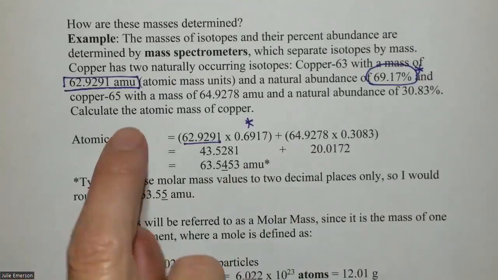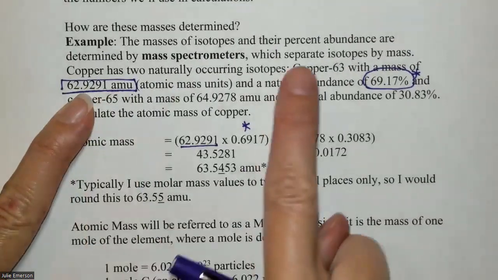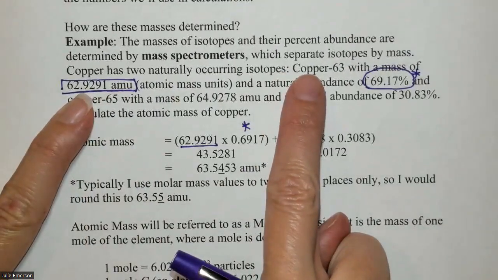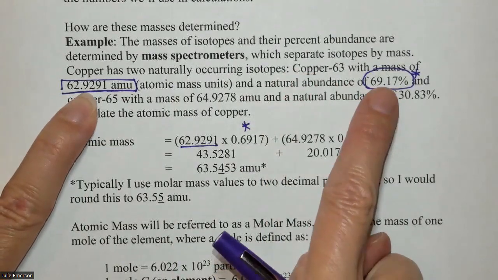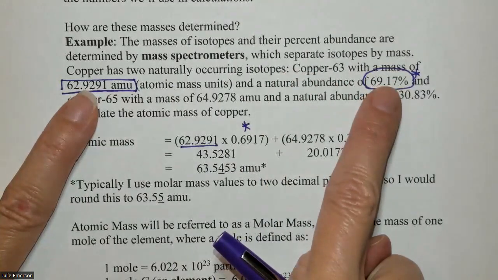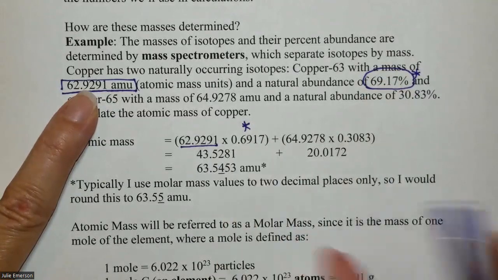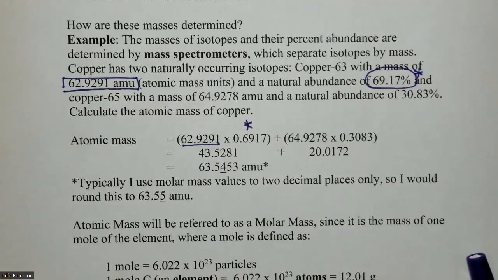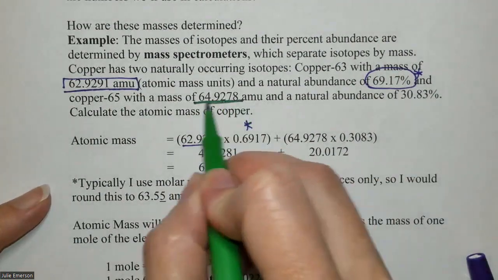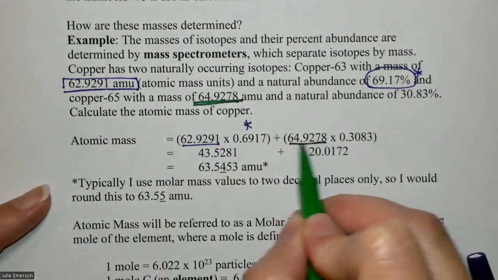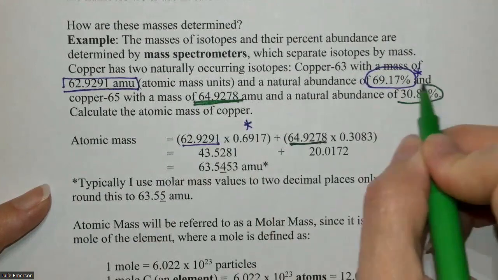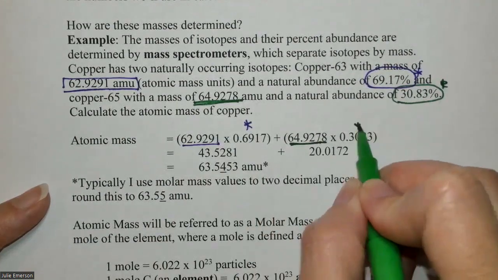All right, so we took our atomic mass of that isotope, copper 63, and then the percentage of that in abundance converted to the decimal form. And then we take our other isotope atomic mass, the 64.9278, and multiply by that percentage, but now converted to the decimal.